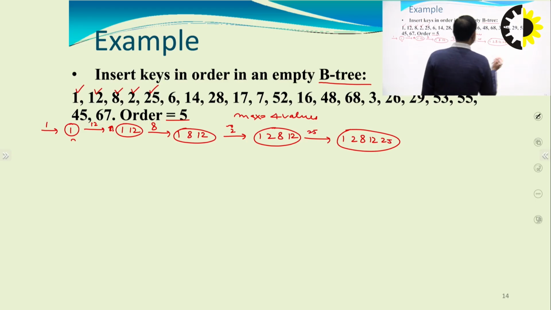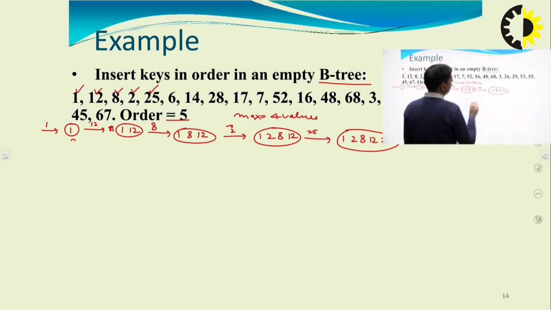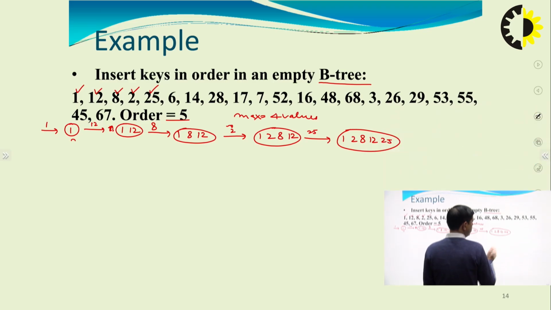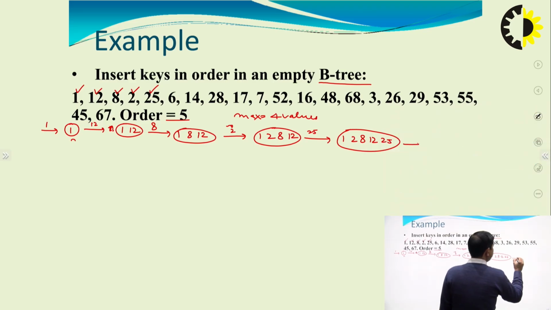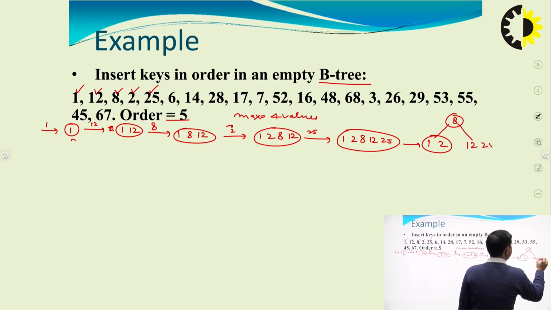But here again the condition is violated, because only a maximum of 4 values are allowed. Then according to the rule, we will split this node and the mid value, that is 8, will move to the root. Then the left values will be the left child, 1 and 2. Here will be 12 and 25.